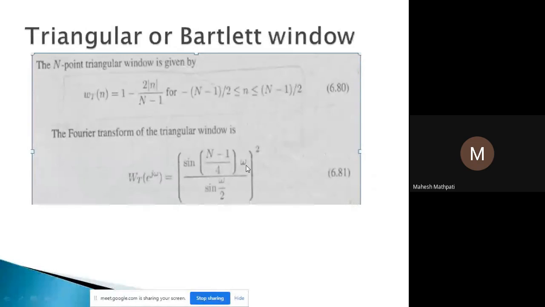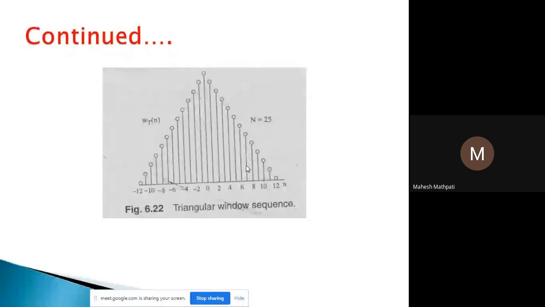Okay. Discrete or continuous? Discrete. Discrete it is, because we are representing it with the n value, so it will look like this, right? So n equals 25 अगर आप ले रहे तो आपका ग्राफ ऐसा दिखेगा, right?